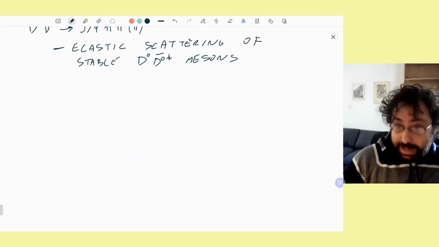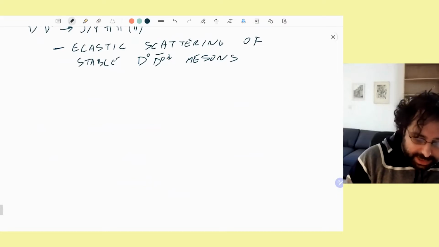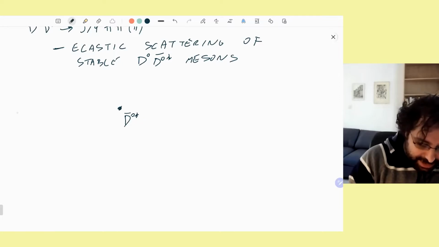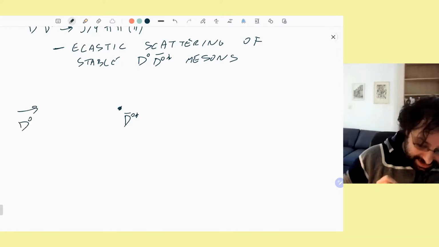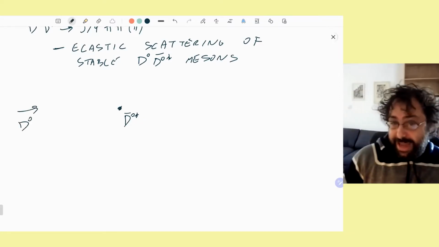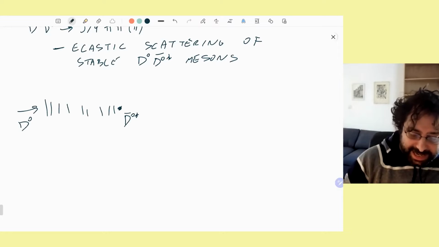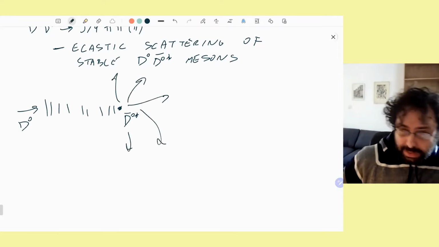So we have to introduce, well, I assume you know what a scattering amplitude is. If you think non-relativistically, for example, we can put a target of the D0 star bar here at rest. We imagine that we can make a beam of this D0 that propagates as a plane wave, gets here on this target, and then it gets scattered all over the place.